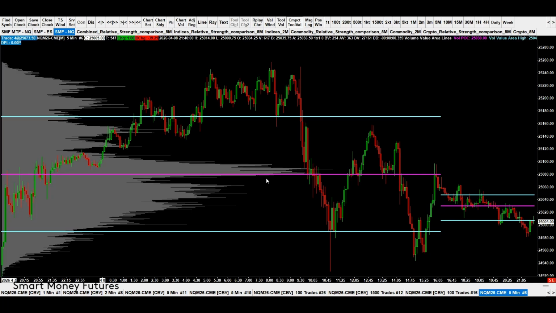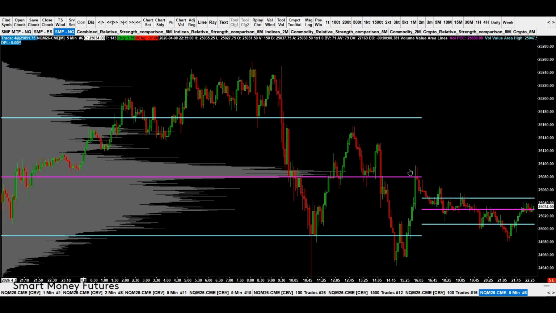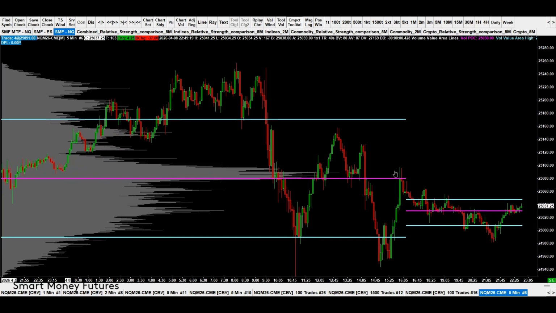When the market becomes imbalanced, price can leave that area and discover a new one. So volume profile is really helping you answer one simple question. Where is value right now? And once you know where value is, you can make a much better decision about location, risk, and target selection.